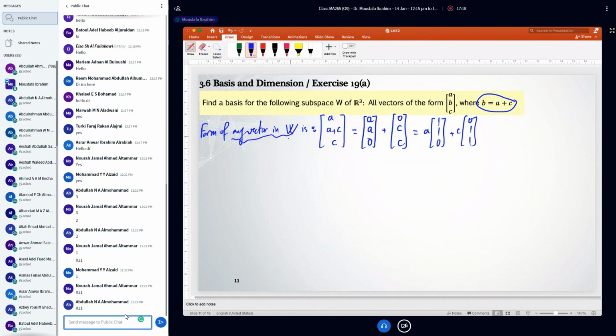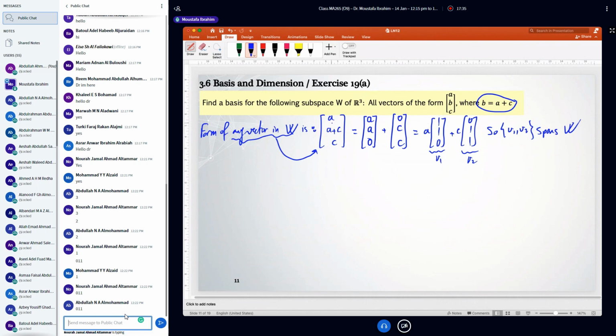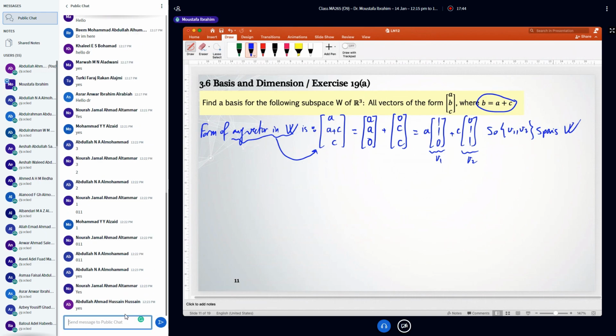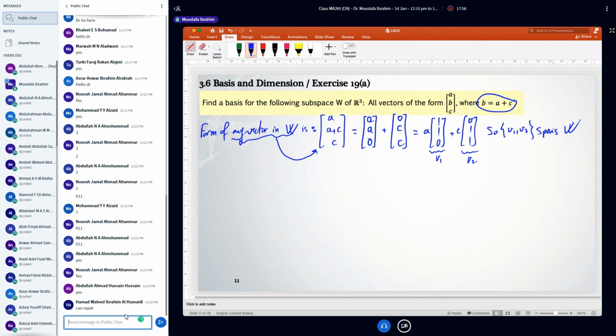So look guys, any vector is a linear combination of V1 and V2. What does this mean? By definition, if any vector is a linear combination, what can we say about this set V1, V2? It spans W. Because we take any vector and it is a linear combination, so it spans. This is the definition of span, correct? Is it clear for all of you for the moment? Once you understand span, you prove it's linearly independent, and the basis is finished. So this is how to prove it spans.